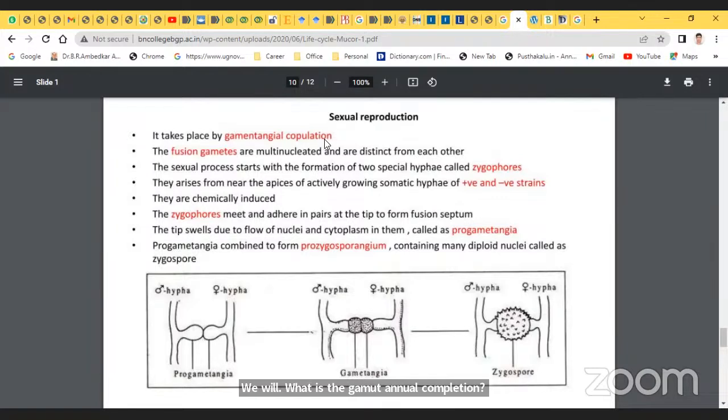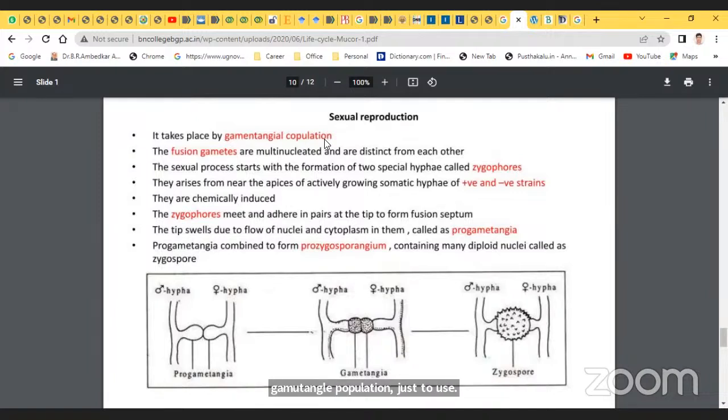Fusion of gametes. I think we discussed it in the previous class, right? Just recall what gametangial copulation is and find out.